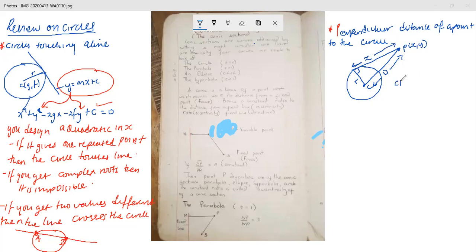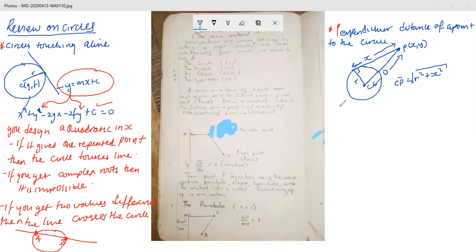So CP would be equal to the square root of R squared plus x squared. So you can find the distance of a point to the circle.